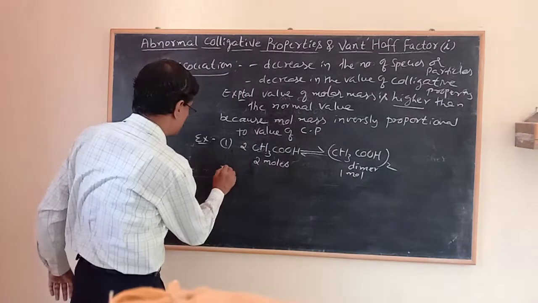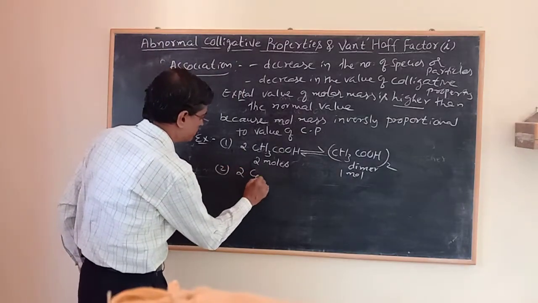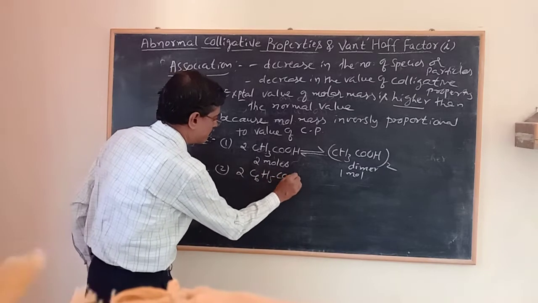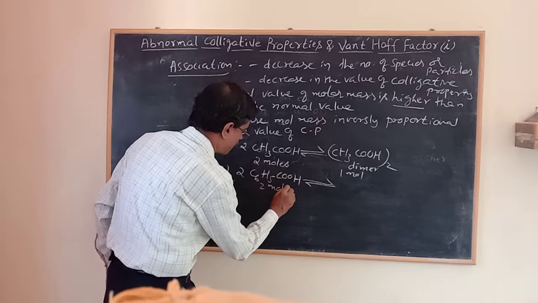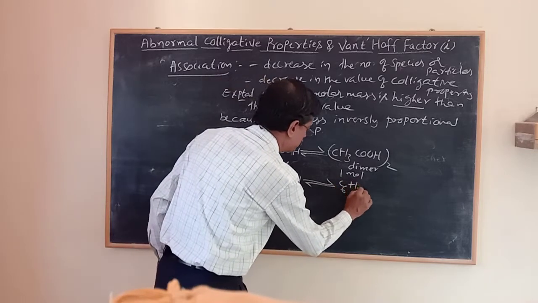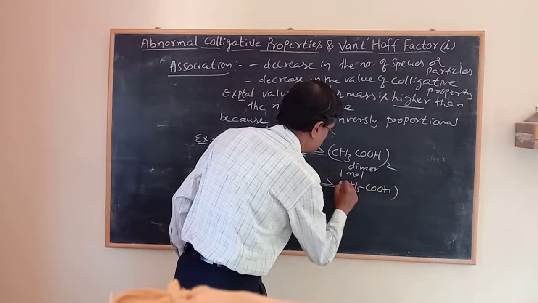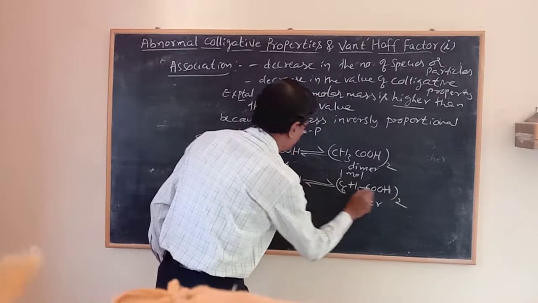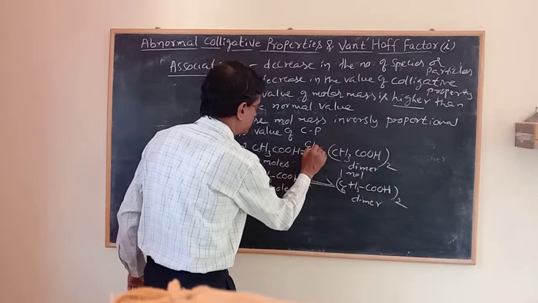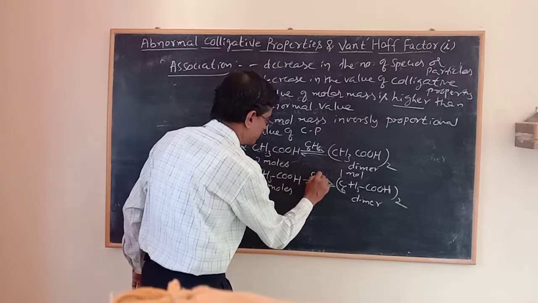Take another example also. Two molecules of benzoic acid, again the same, dimerize to form (C6H5COOH)2. So it is also a dimer. Both these reactions take place in the presence of benzene.